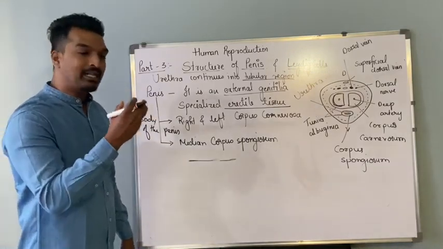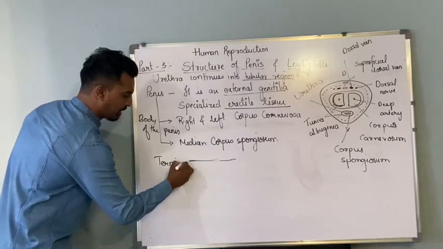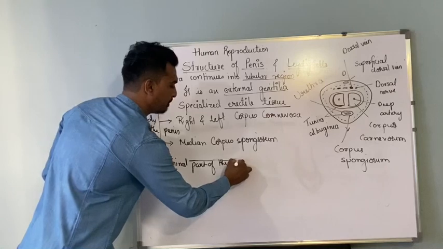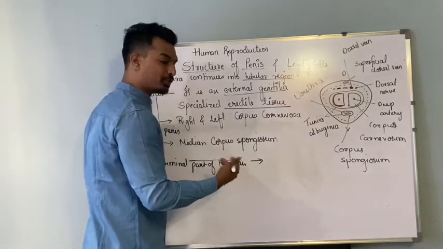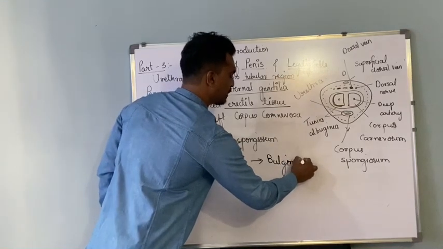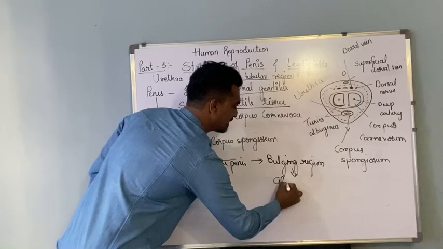Now the terminal part of the penis becomes bulged. The bulging region is called the glans penis.